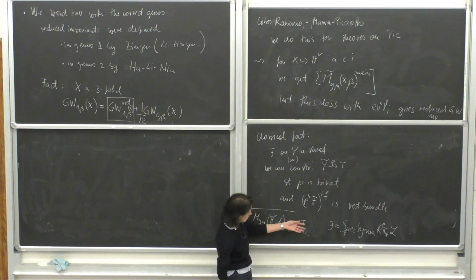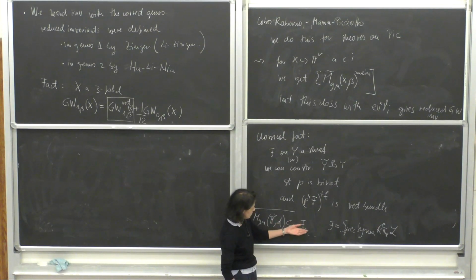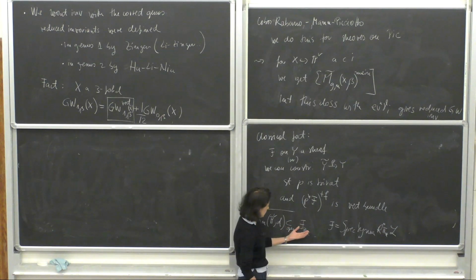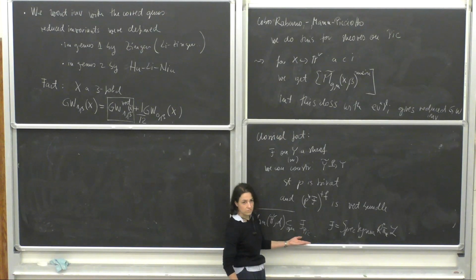So this is the total space of the data, curve and line bundle and sections, is a sheaf over this space, which is P. Does it make sense? Yeah, okay.